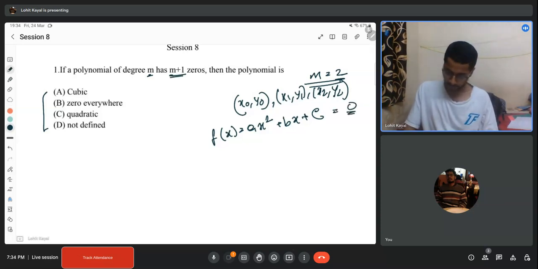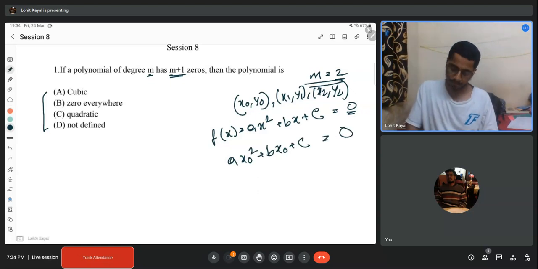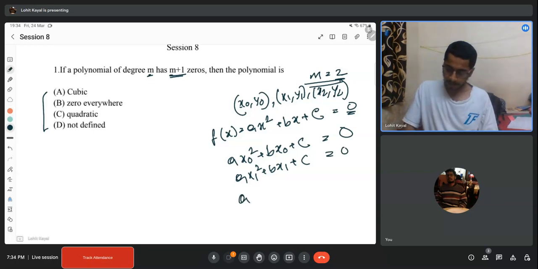Okay, if I put these points, one can be ax0 square plus bx0 plus c, it is giving me 0. So suppose these are the roots of this polynomial. Similarly, ax1 square plus bx1 plus c equal to 0, and ax2 square plus bx2 plus c equal to 0. Then what does it imply?